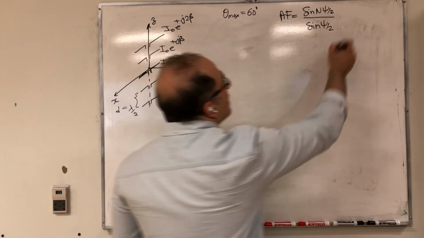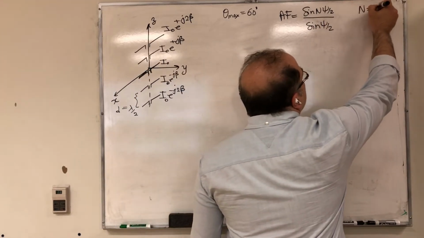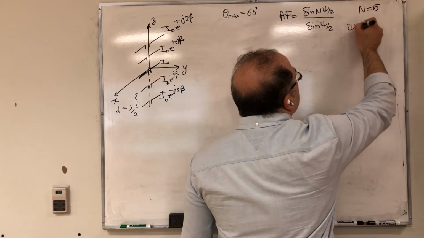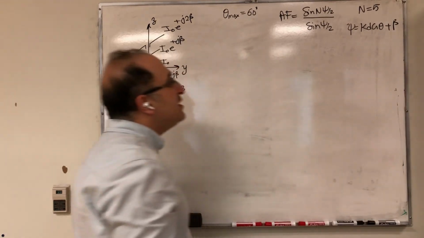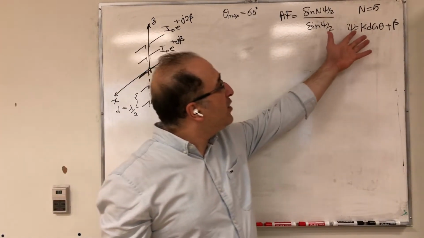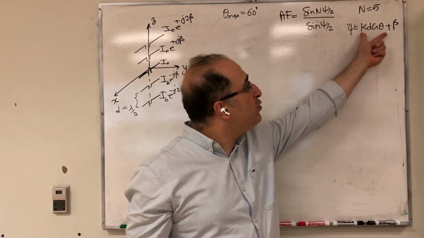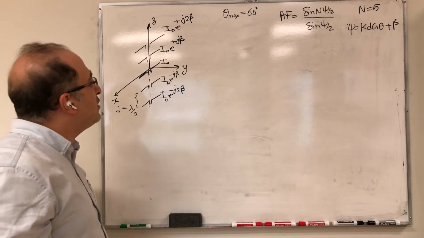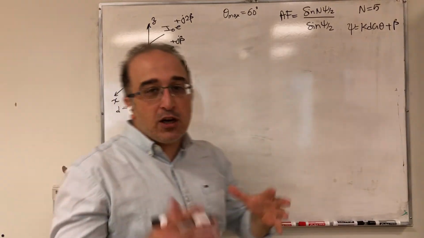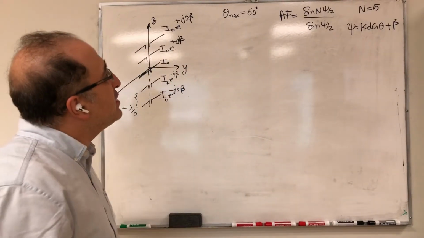And you know that N is 5, and psi is kd cos theta plus beta. So this is your psi, which is the phase due to distance, and this is the phase that we apply electrically to the elements. So that's the collection of these two sources of phase for us.